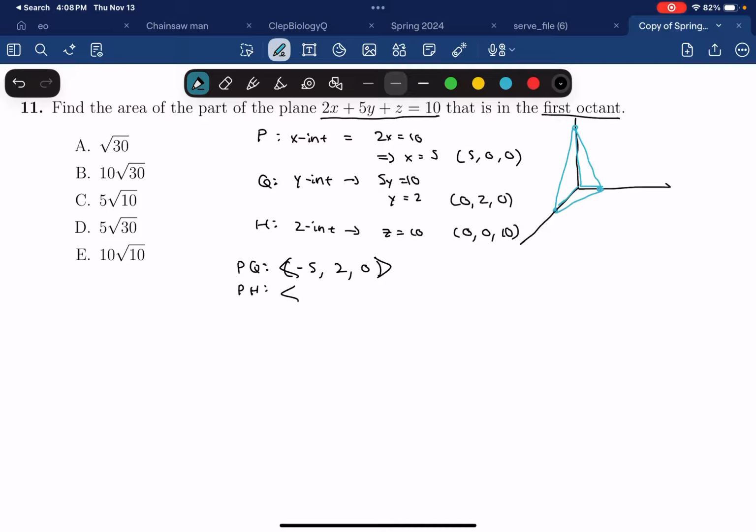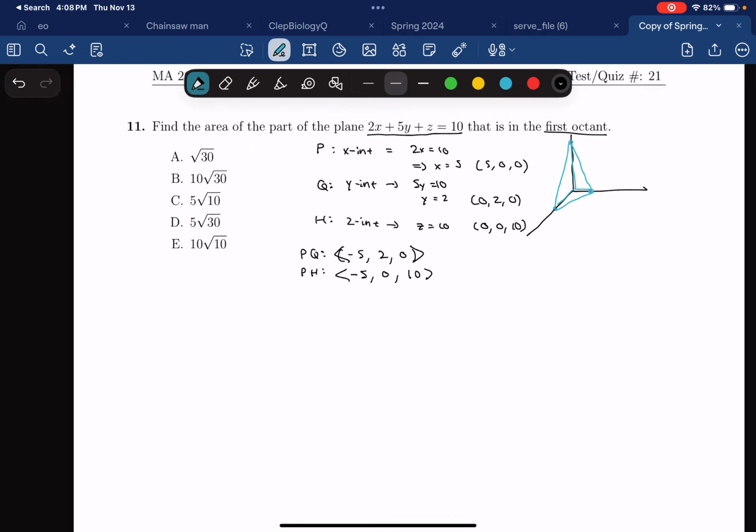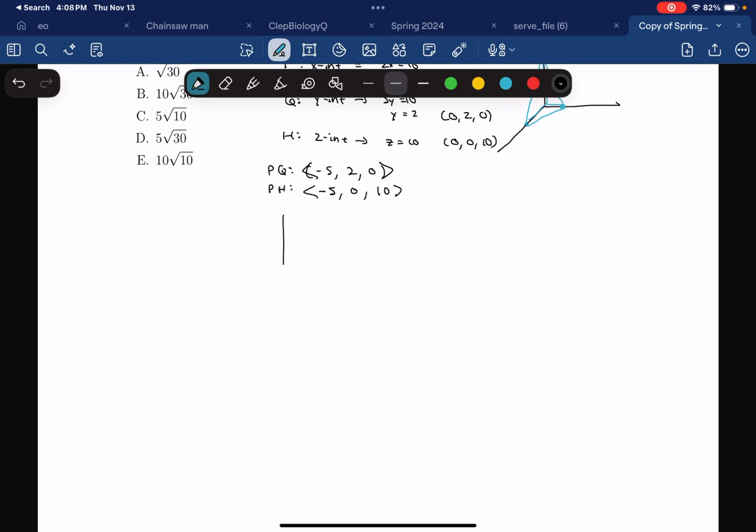Then PH, same thing. 0 minus 5 is -5, 0 minus 0 is 0, and 10 minus 0 is just 10. Now, you might be wondering, what do we do after this? Well, now you have to take the cross product of these. So that would be (-5, 2, 0) and (-5, 0, 10). Let's do this.